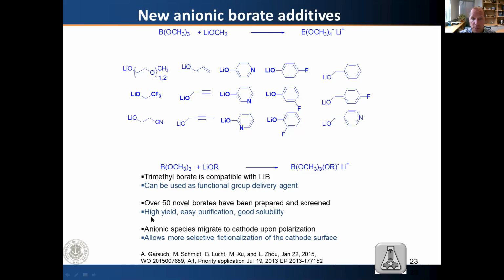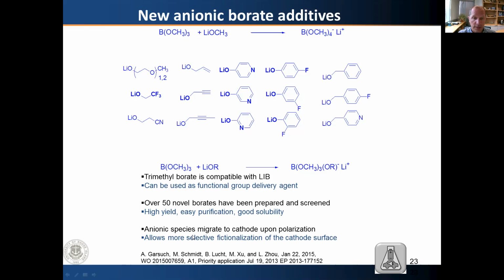We were able to prepare these materials in high yield. They're relatively easy to purify, and they have reasonable solubility for the levels at which you want to incorporate electrolyte additives into standard electrolyte formulations. So these have good solubility from 0.5 to 2 weight percent of the materials.